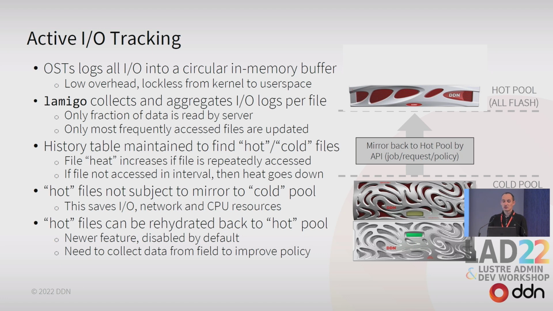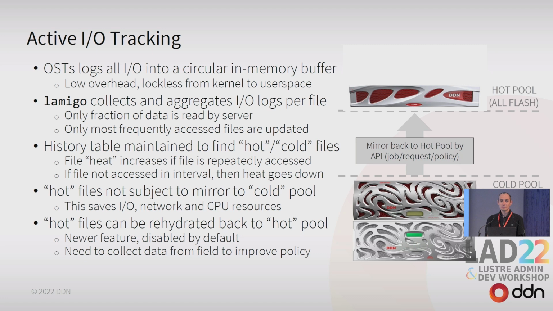Only a fraction of data is read by the server, and only a list of most frequently accessed files is updated. So we are building this history table of files that are associated with a heat, and this heat would increase if a file is accessed frequently, and if the file is left untouched, then the heat will slowly decrease. So this is useful for a number of optimizations.